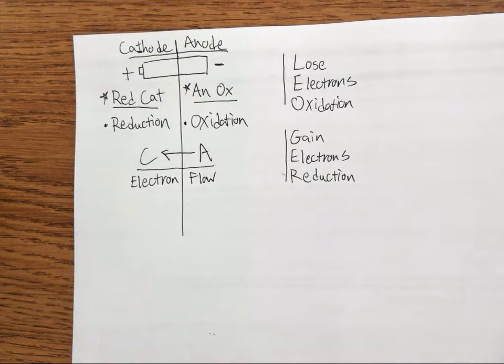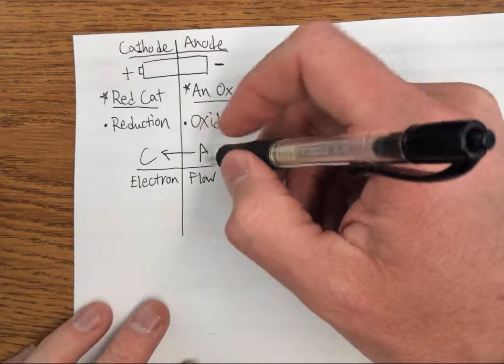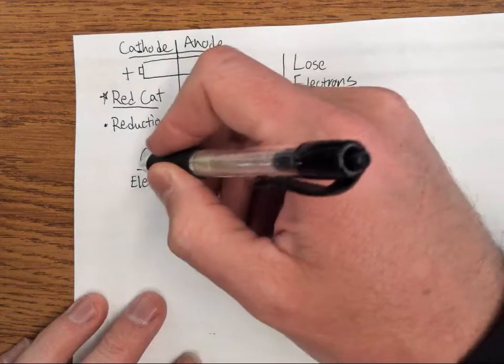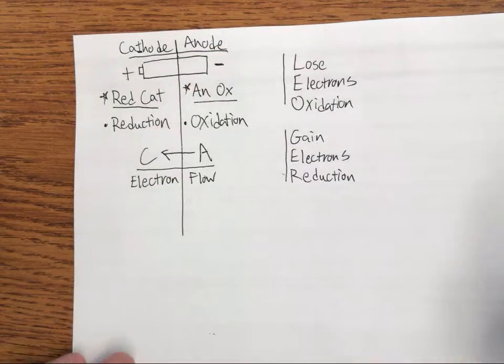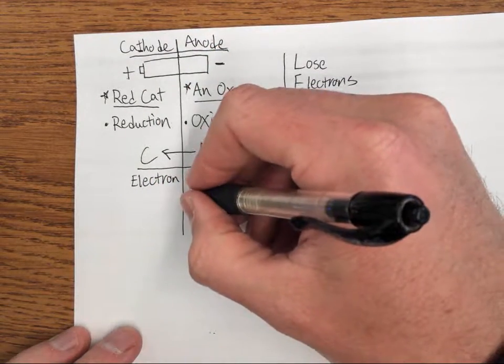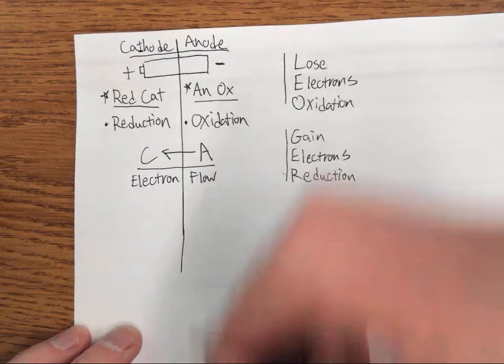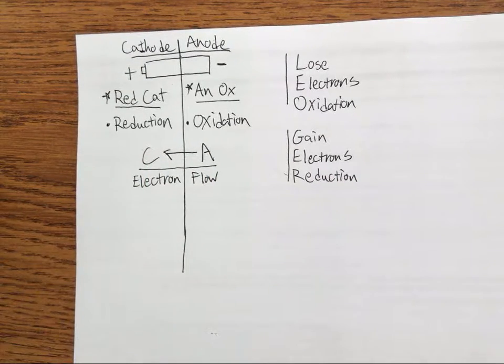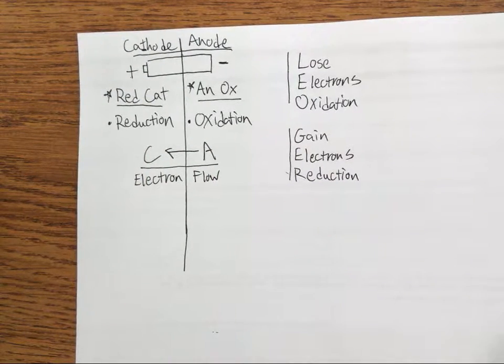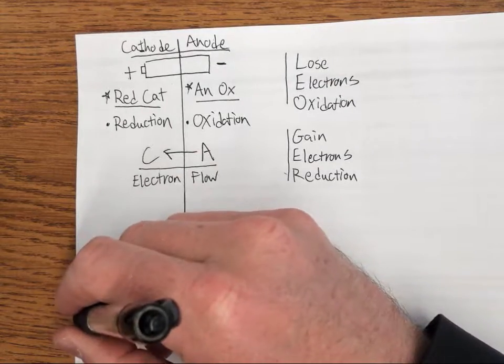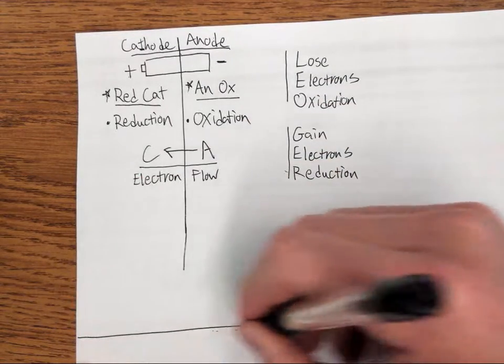Electrons flow from A to C, because it's in alphabetical order. So they're going to flow from the anode to the cathode. Now let's extend this line down a little bit longer, because we're going to add things on here as we go through today. And then draw a line right about the half mark.